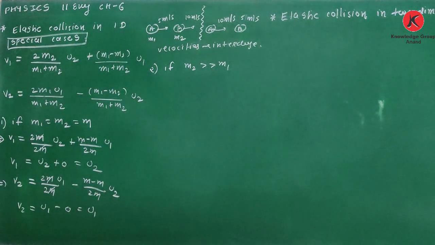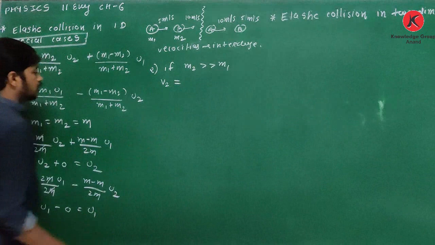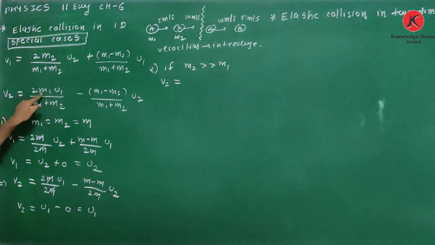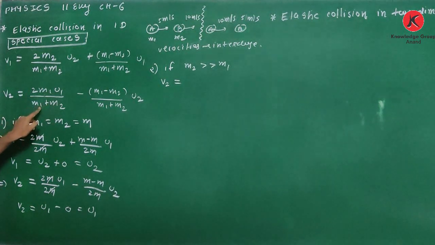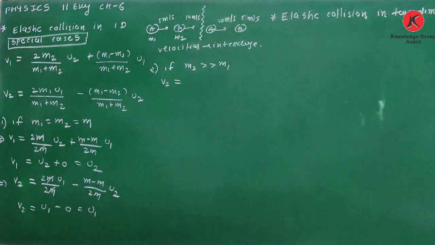In the equation of v2, what happens? Here we have considered m2 very much greater than m1.